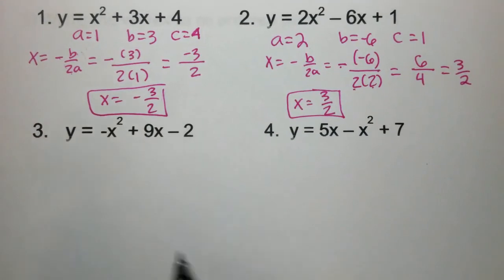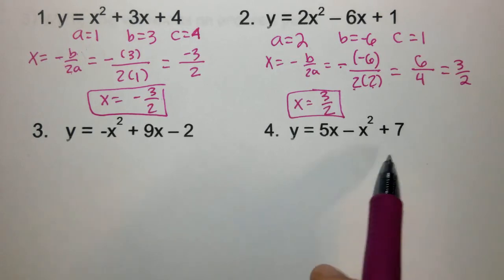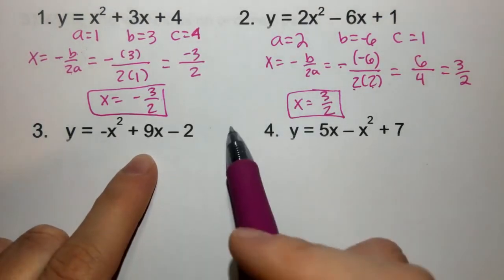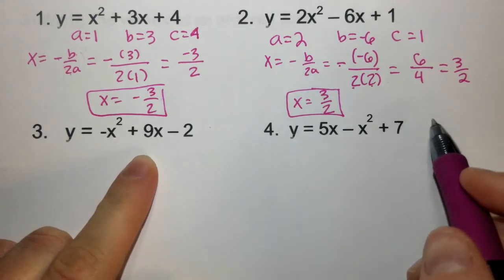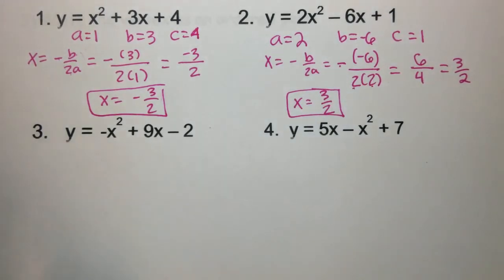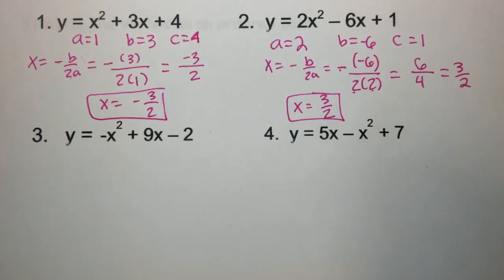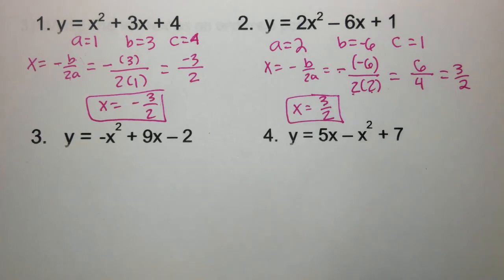Alright, so I'm going to pause this video now and let you guys try these. One thing really quick before, I said this in the 8.1 video, you want to make sure that you put number 4 in standard form.